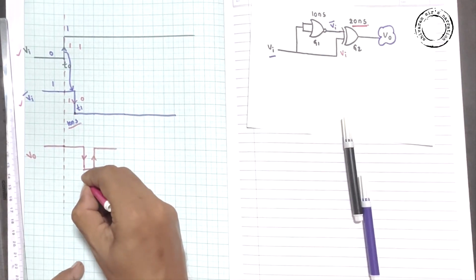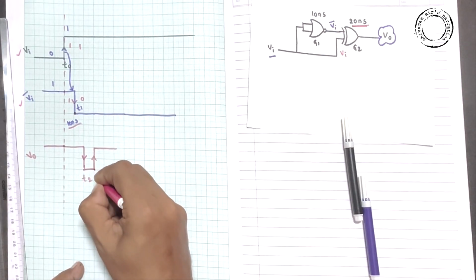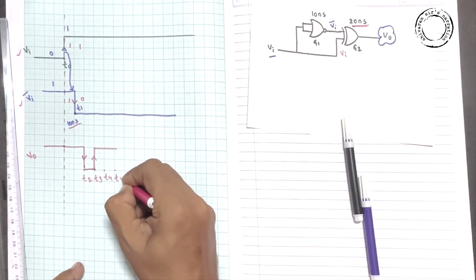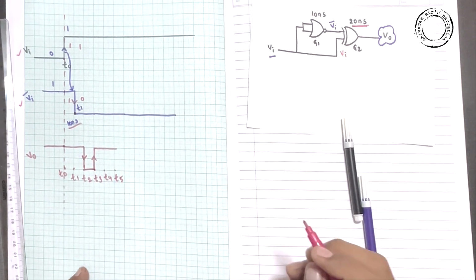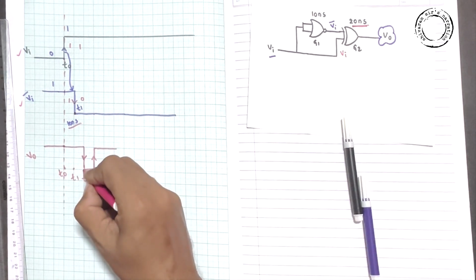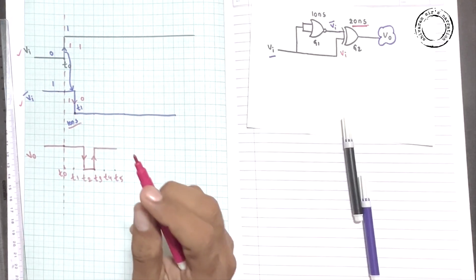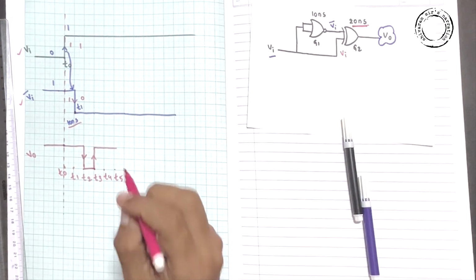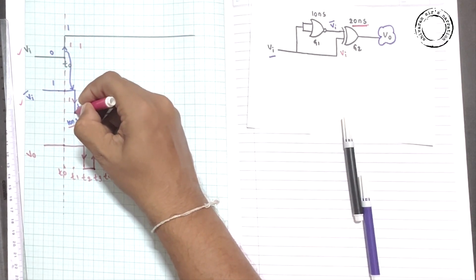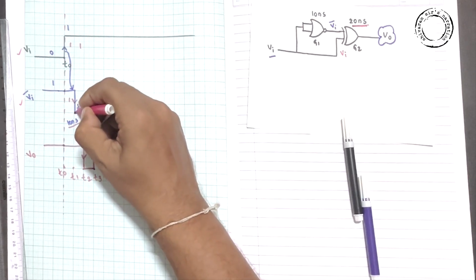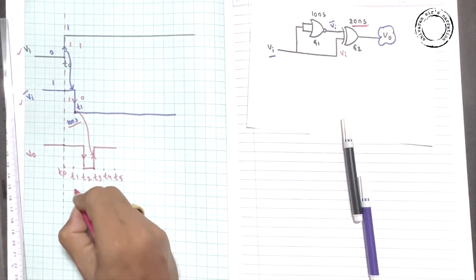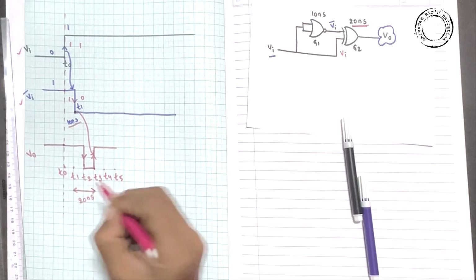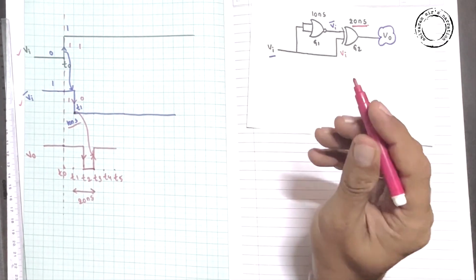Hence guys, here this is T2, T3, T4 and so on, T5. Okay guys, so here what I mean is till T2 the output is logic high. Between T2 to T3 output is logic 0, because whatever the change at T1 will appear at the output after 20 nanoseconds. This is the period, right guys? So this is the one guys.